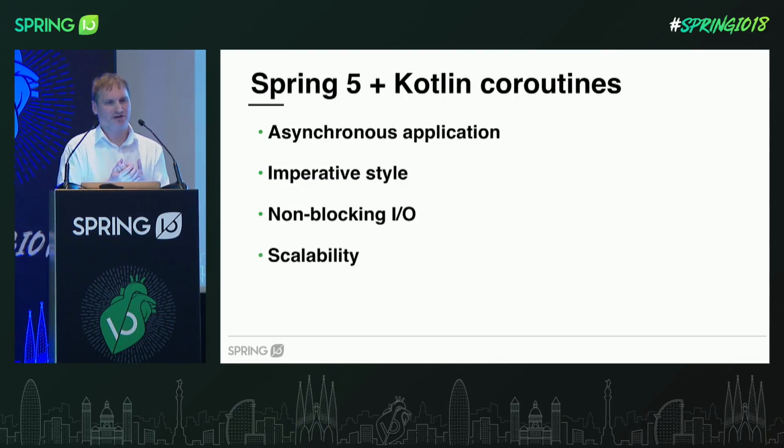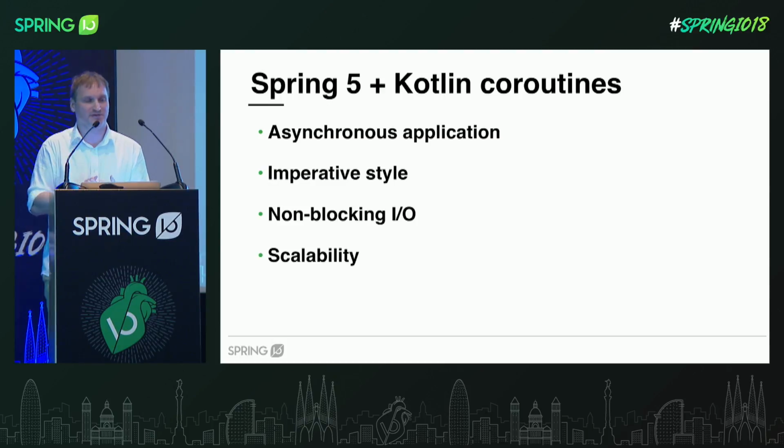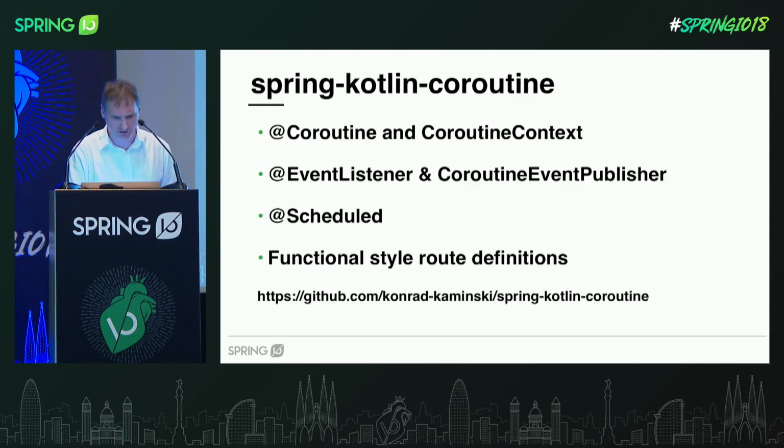And you don't have to write your code in this functional way, which is actually required if you want to create asynchronous applications with other techniques like reactive libraries. There are a couple of things which I haven't shown you, which this library also supports.